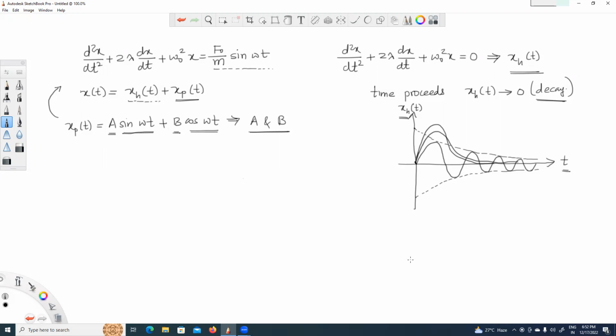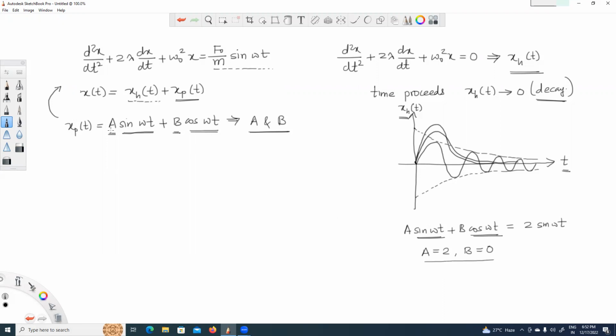Suppose you get a sin ωt + b cos ωt = 2 sin ωt. Because they are linearly independent, you can compare their coefficients separately. Comparing the coefficient of sin ωt, a equals 2, and b equals 0. This is what I mean by linearly independent.